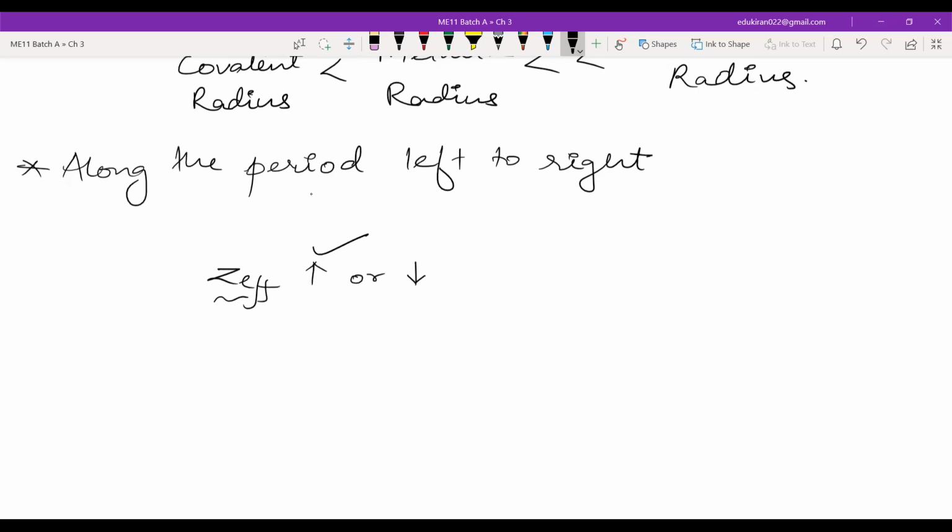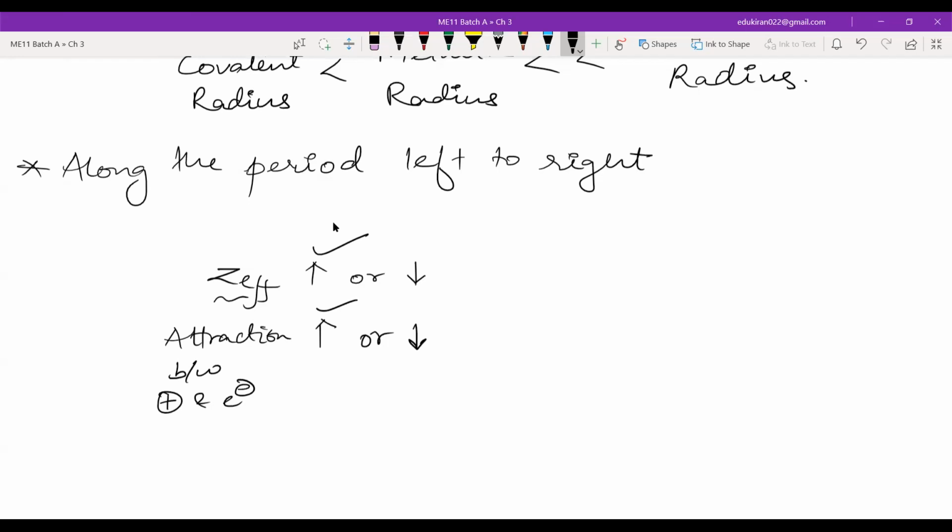That is correct. If Z effective is increasing, then the attraction between the proton, the nucleus, and the electron is increasing or decreasing? It will increase. You were probably thinking about the screening effect, but I was asking about the attraction between proton and electron.